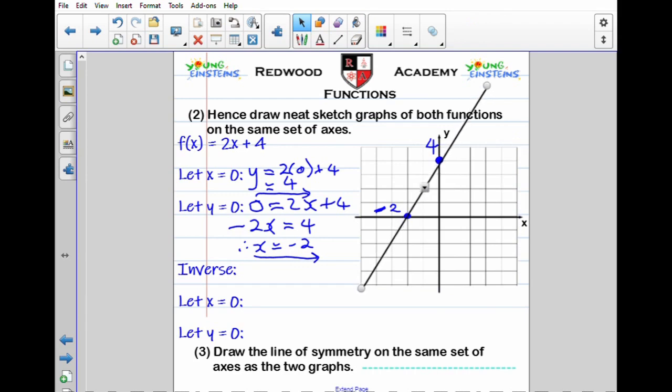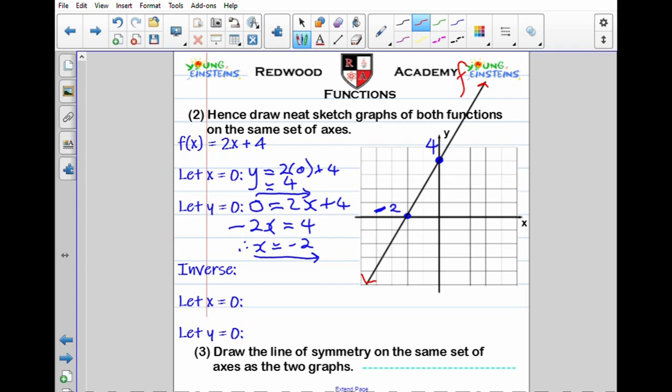So it's something like that. Okay, so that's my line. Okay, so that is the graph of f. Let's label that as the graph of f.